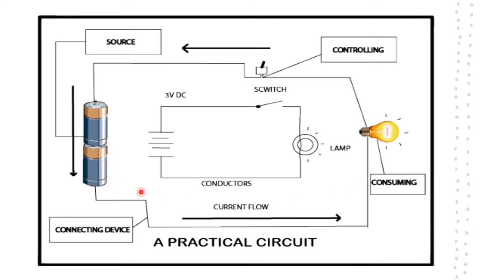So the current flows through connecting devices, going to your consuming device, which is a lamp. Our controlling part here is the switch. You may turn it off or turn it on. Again, this is a circuit diagram that shows the parts of a simple circuit.